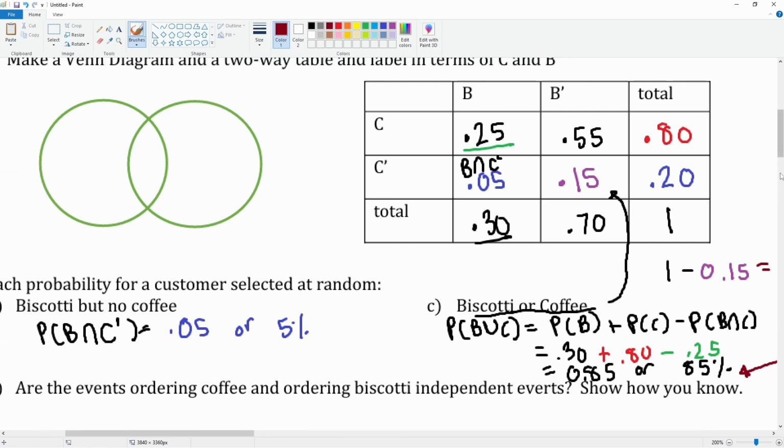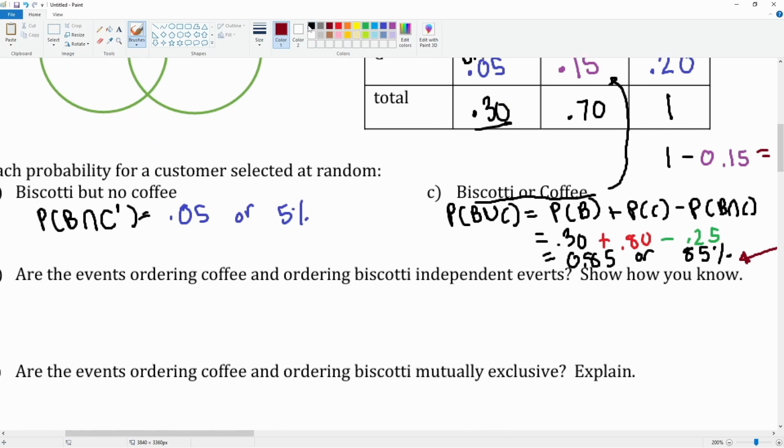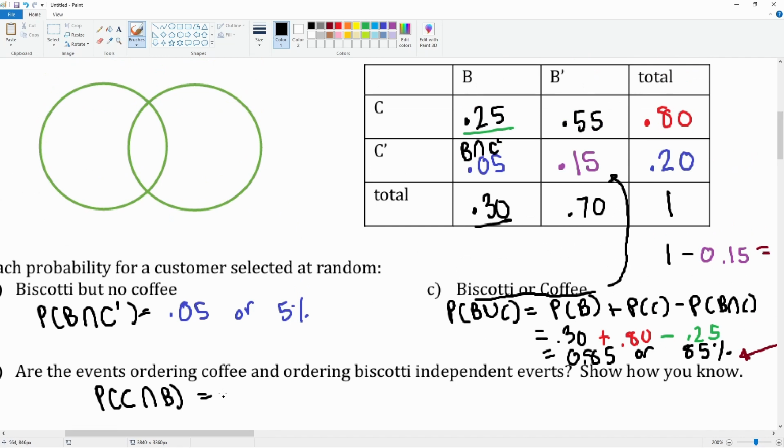Are the events independent or not independent? Well, it's independent if the probability of coffee and biscotto is equal to the value right here of 0.25. Okay, let's test that. Probability of coffee and biscotto is equal to the probability of coffee times the probability of biscotto.